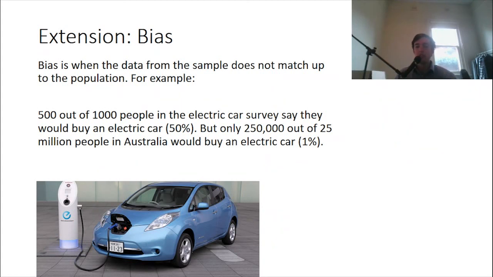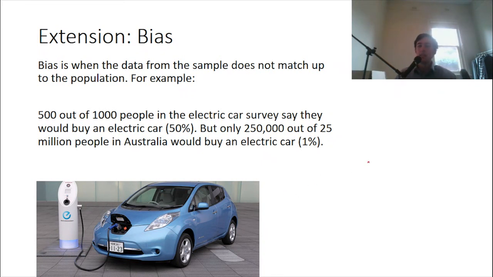It was a selection of people where a lot more people than usual were interested in electric cars. That was the problem with this survey. That's why it's so difficult to make a random selection, because people only decide to answer the questions if they have some reason for doing that.